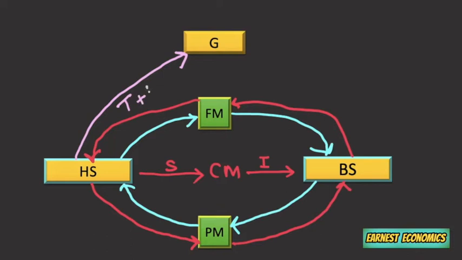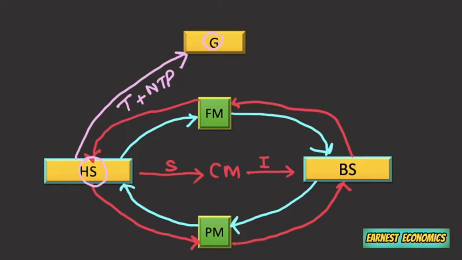Then non-tax payments are also made by the household sector when different things are registered with the government, or some fines are paid at times. So that money moves to the government sector, obviously. So money flows from the household sector to the government sector, and it is very important to keep this in mind.